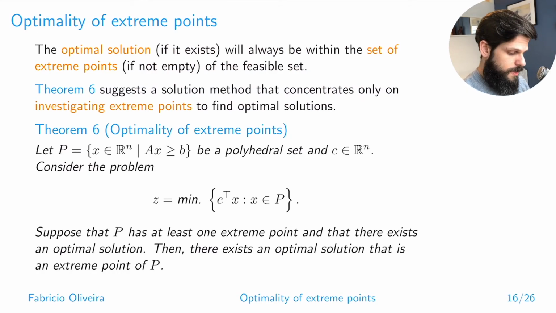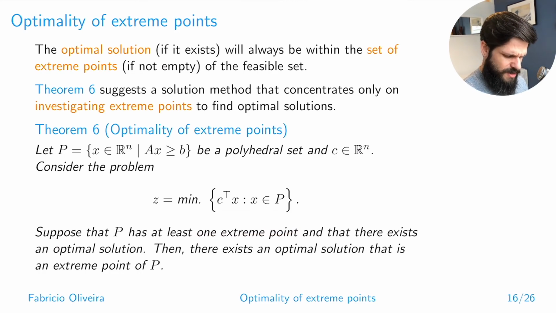So let P be a polyhedral set defined as such, and c a vector in R^n. So assuming you are minimizing, you're solving the problem of minimizing this linear function c transpose x, where x is inside this polyhedral set. So suppose that P has at least one extreme point, and that there exists an optimal solution.